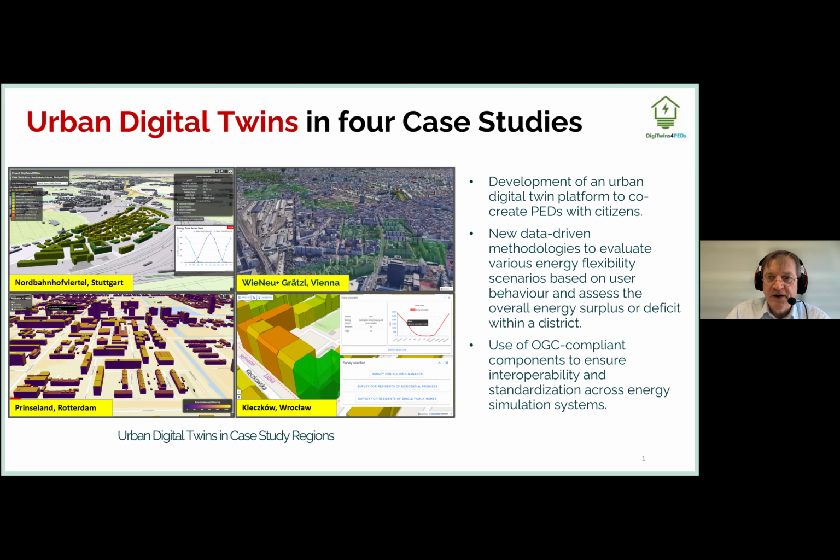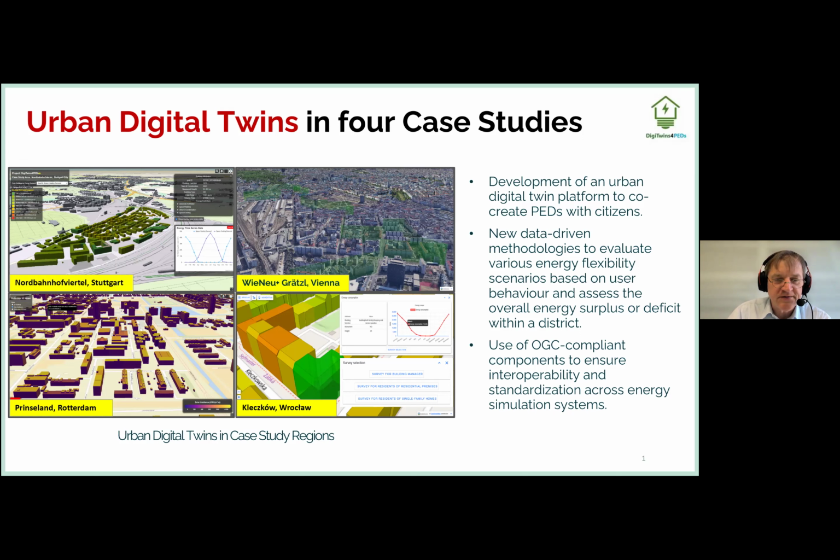So we want to support the planning approach by better simulations and digital representation of the district, be it planned or already existing. In some use cases, it's renovation, so the district exists.